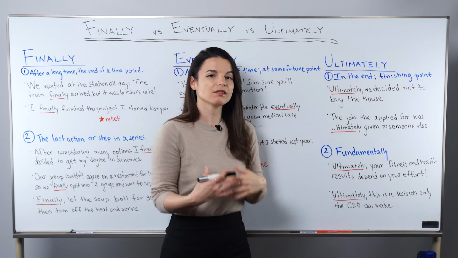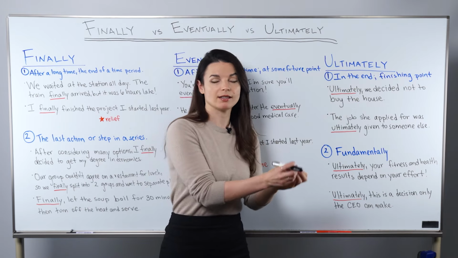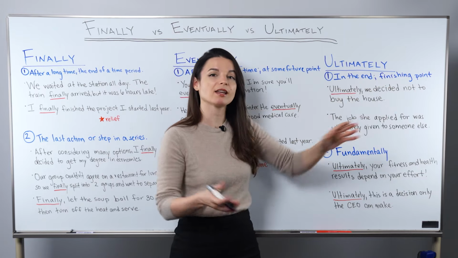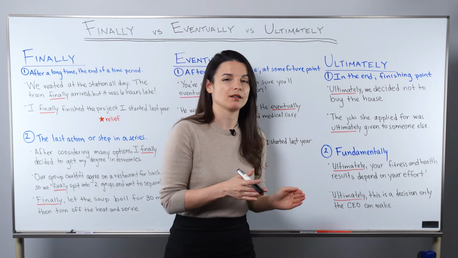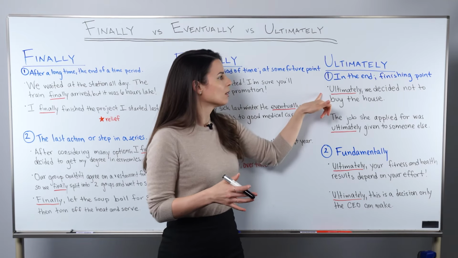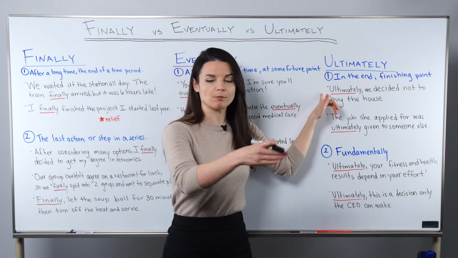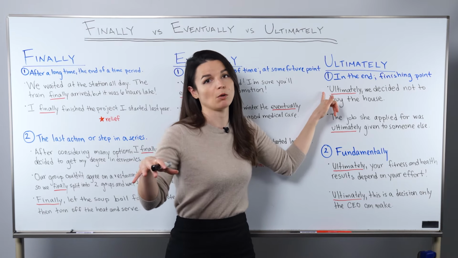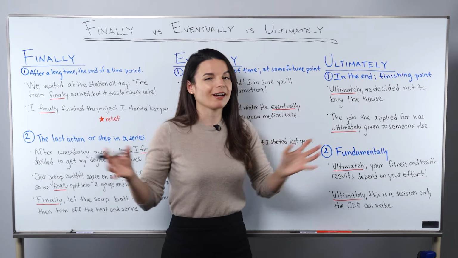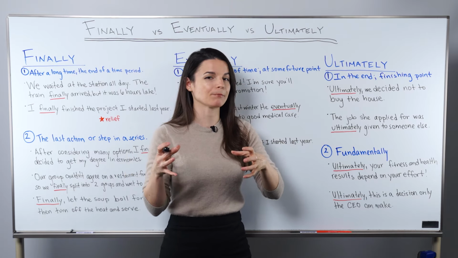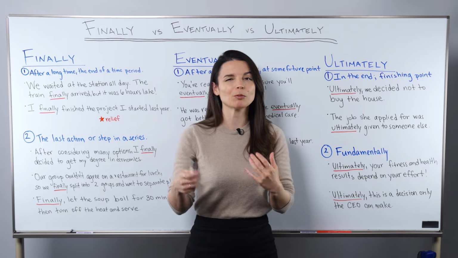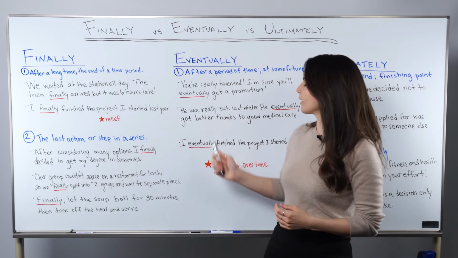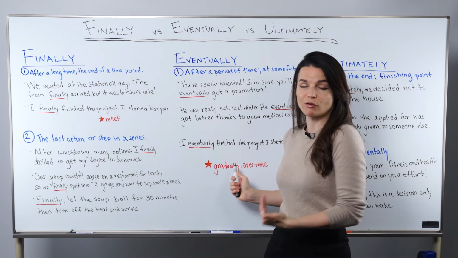And it also has the feeling of making a decision or taking this action, coming to this finishing point after doing something else. So it sounds like maybe we looked at the house, we compared many different other houses, we looked at prices, other information, and so on. Ultimately kind of includes all of that feeling. So in that sense, it's a little bit similar to eventually, because eventually talks about doing something gradually over time.